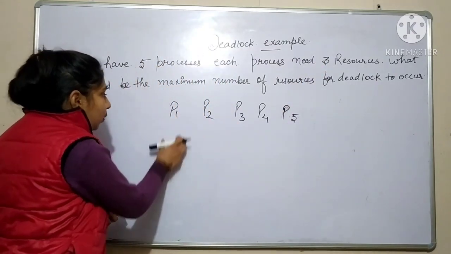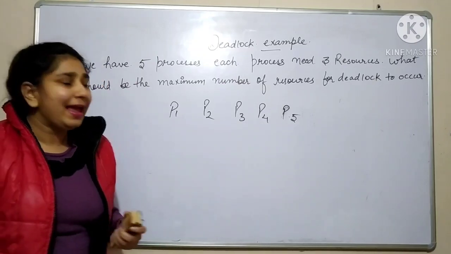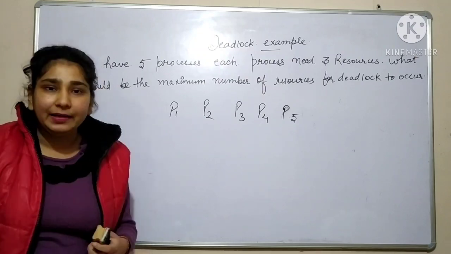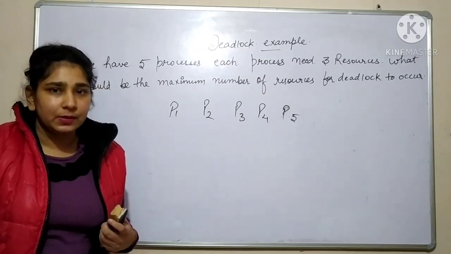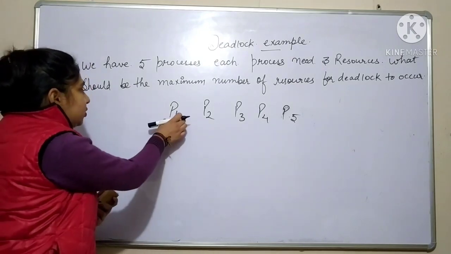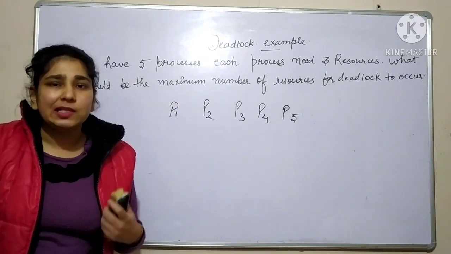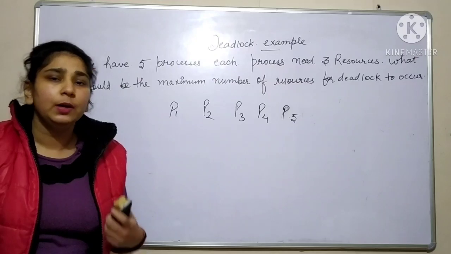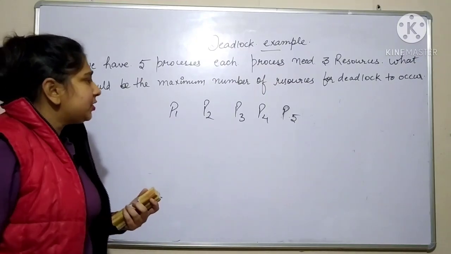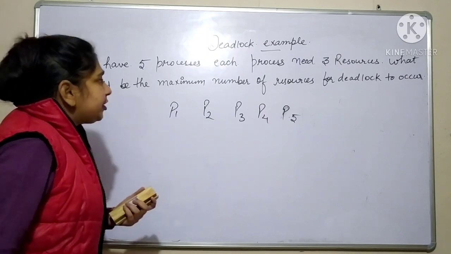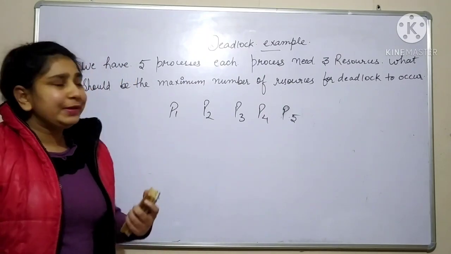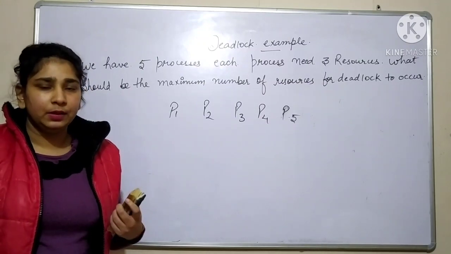If you are going to execute any process, your process demands 3 resources. You have to allocate 3 resources for the successful execution of the process. So my question is, what should be the maximum number of resources for deadlock to occur?